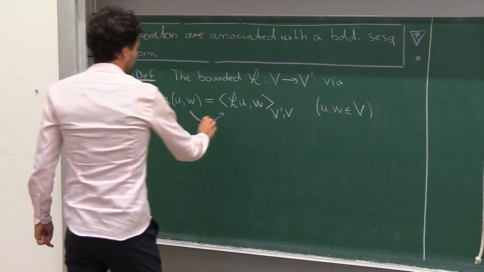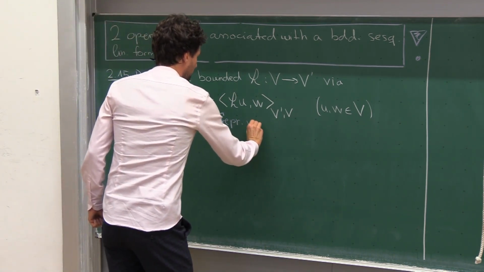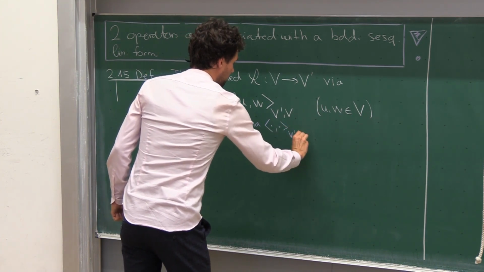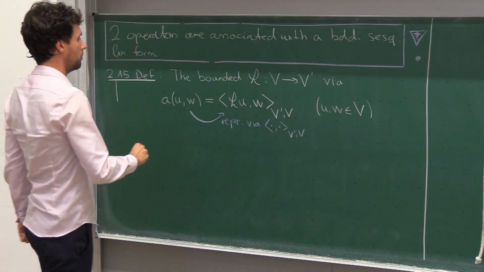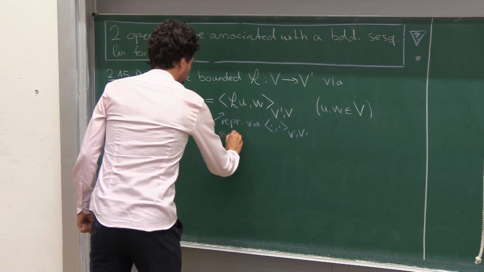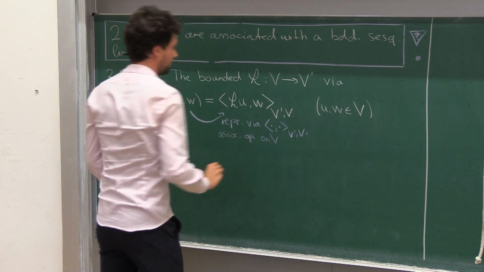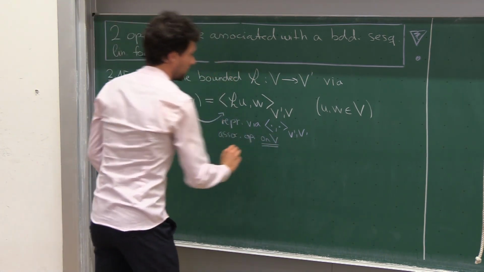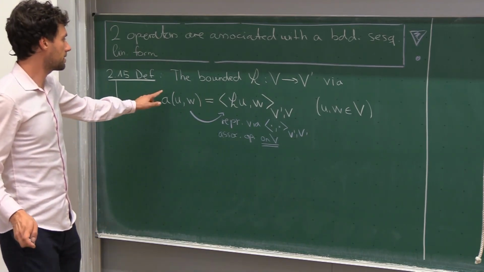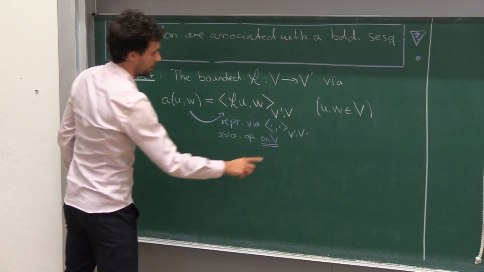Okay, so let's say that this is the representation via V prime V, and therefore this is the operator, this is the associated operator on V. It's the associated operator on V, and it represents the sesquilinear form via this V prime V bracket.